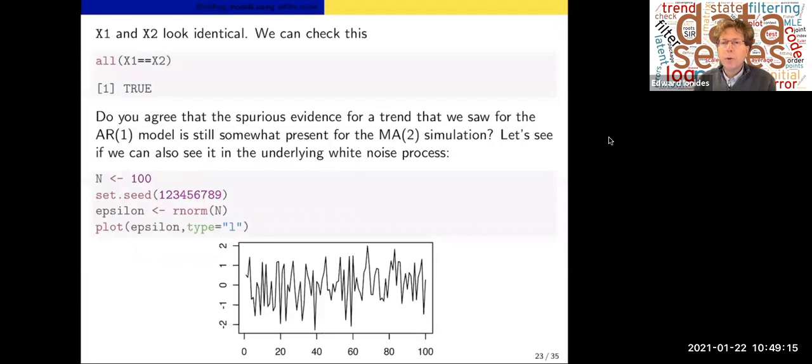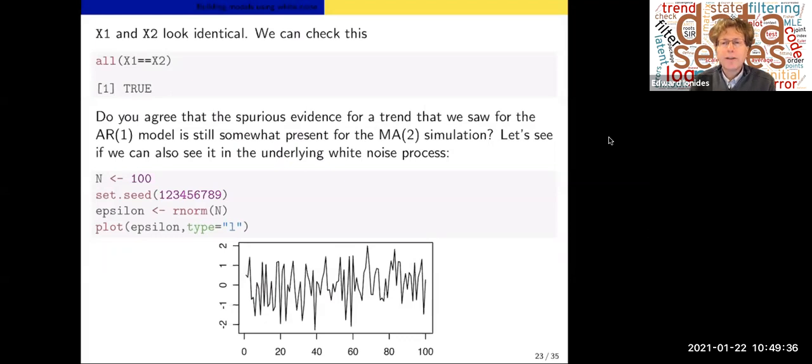You might wonder whether it's there in the white noise that drives these processes. And so you can plot that white noise, and here it is, and I don't think there's clear evidence.